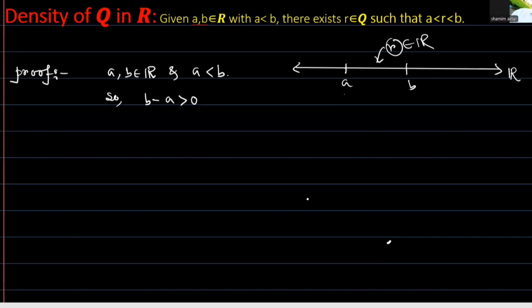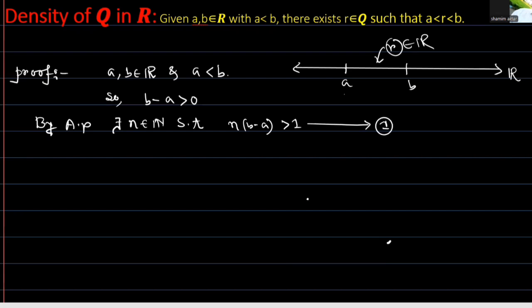So by the Archimedean property, there exists a natural number n such that n times (B minus A) is greater than 1. This is called equation number 1.